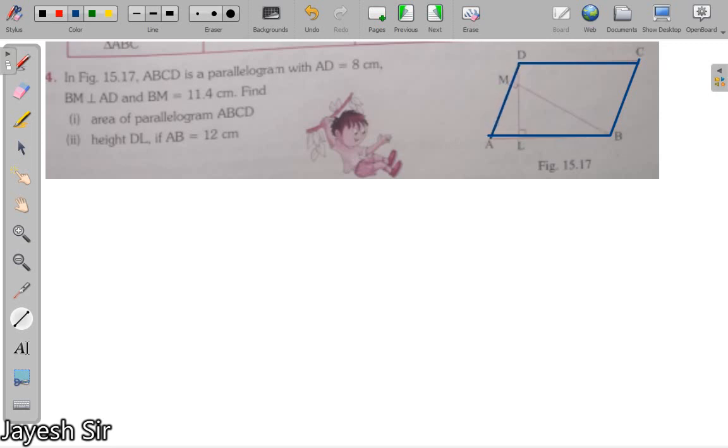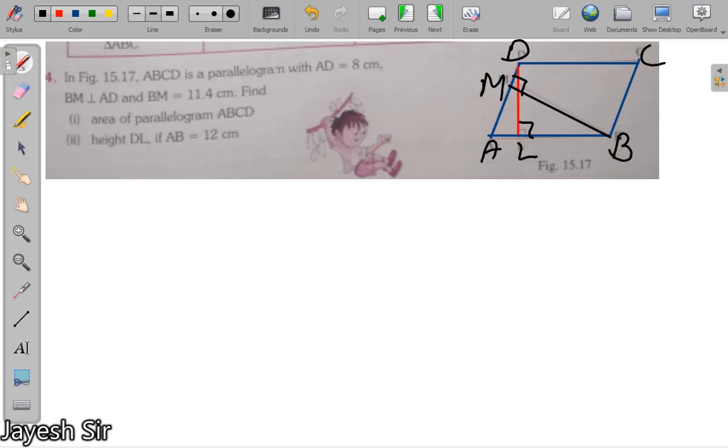You have a parallelogram ABCD, as you might be able to see in your book, in which there are two perpendiculars. One perpendicular is from point D, another perpendicular is from point B. This point is L, this point is M. One perpendicular is here, one perpendicular is here.